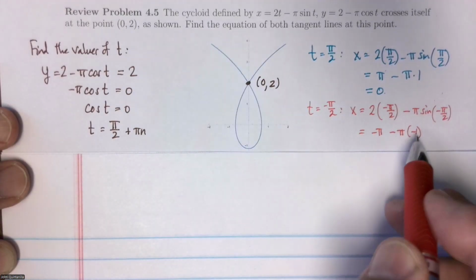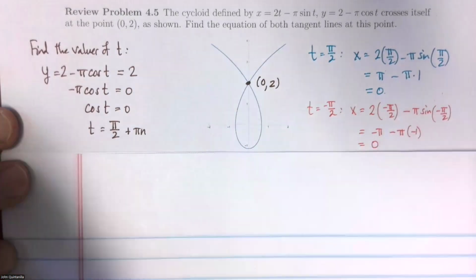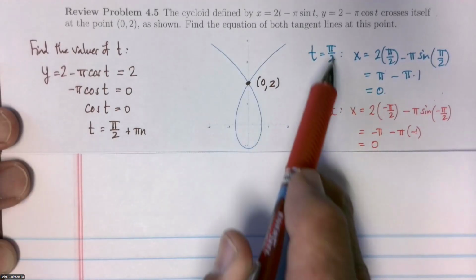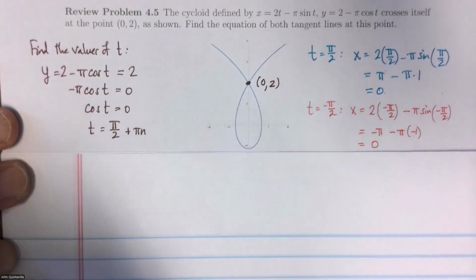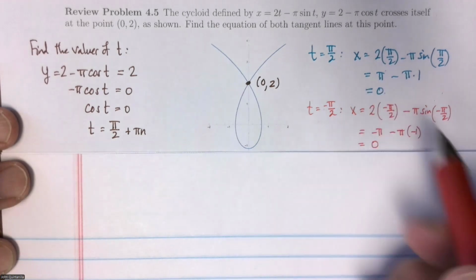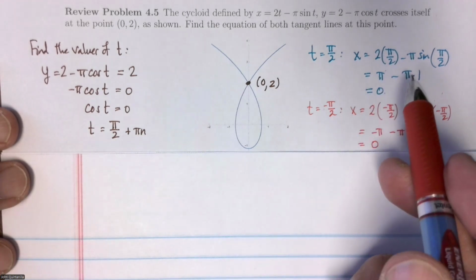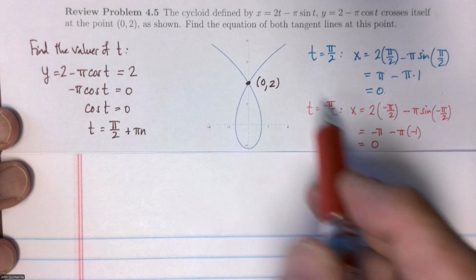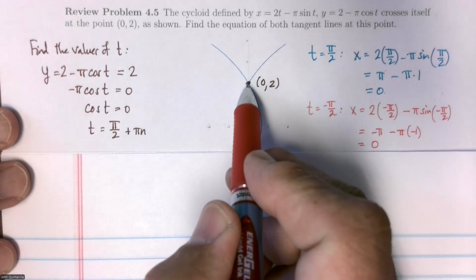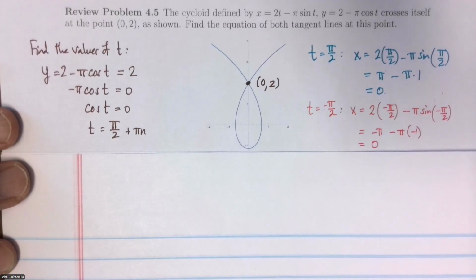So negative pi plus pi cancels, and that is 0. And so these are the two values of t, the two times, so to speak, at which the parametric curve crosses through the point 0, 2. Okay, so that's the first part of the problem.